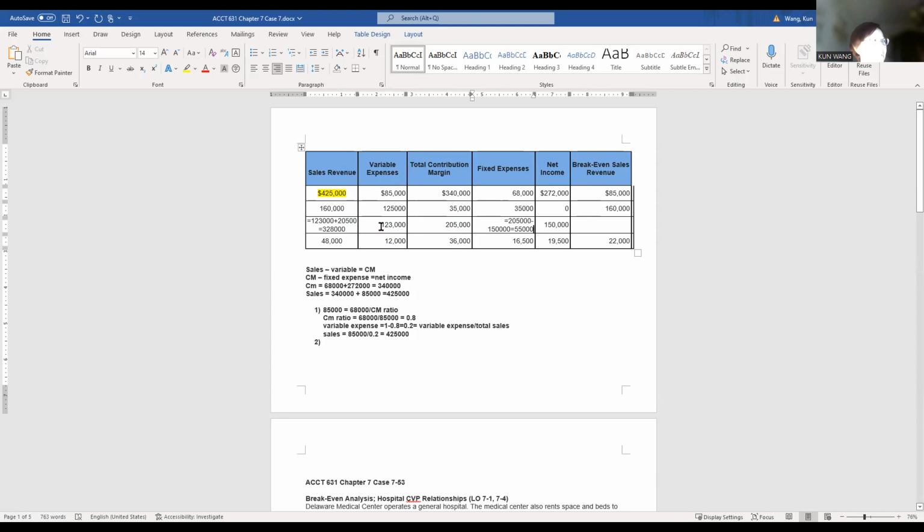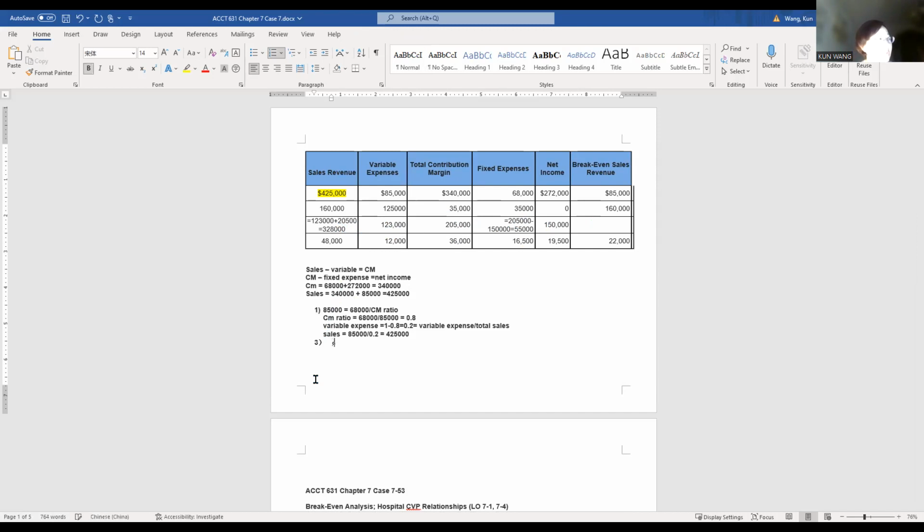But probably I need to get a contribution margin per unit, or rather a contribution margin ratio, because we are working with dollar values. So you need this number additionally on your scratch paper to find the break even.